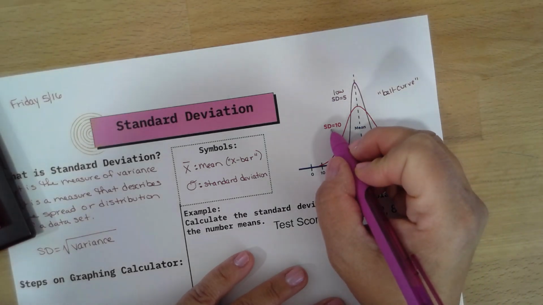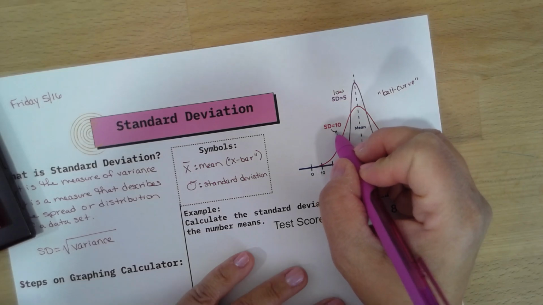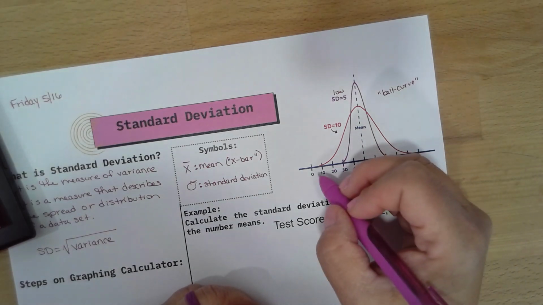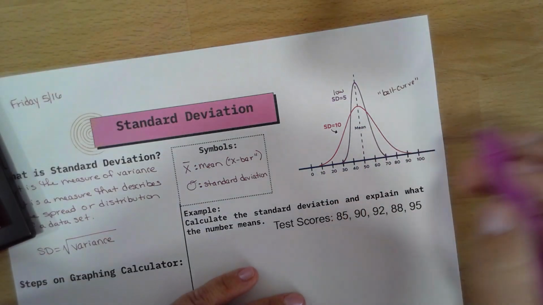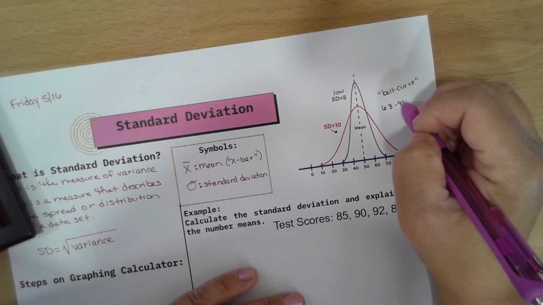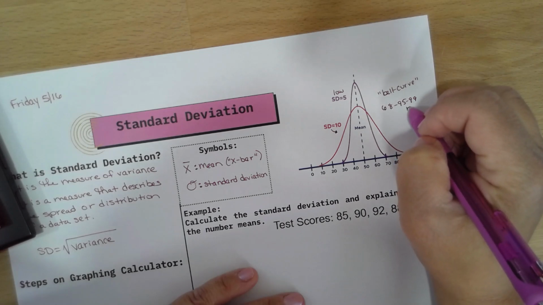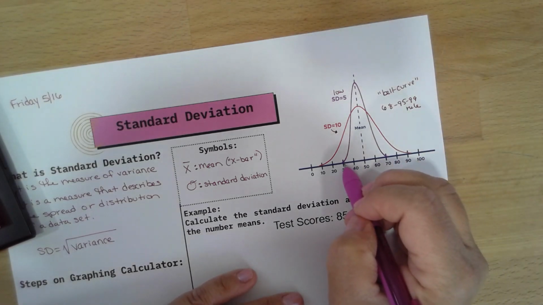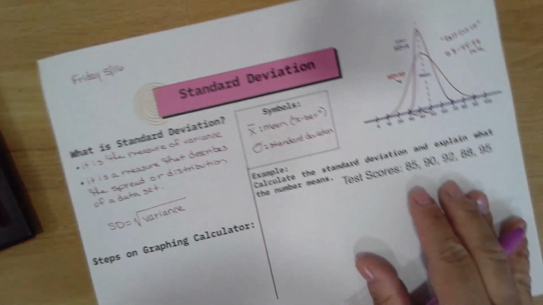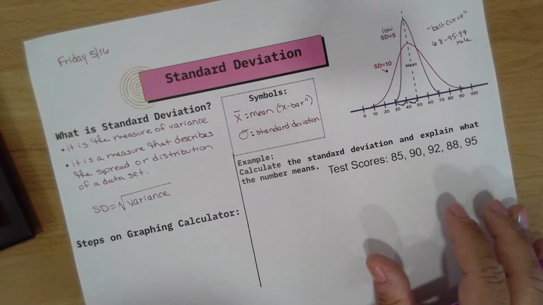I believe I just saw one recently on the hours in a day, now that we're reaching summer. The video is going to talk about the 68, 95, 99 rule, and this is pretty much your standard deviation. We'll talk about that in a second, what it means to calculate the standard deviation.